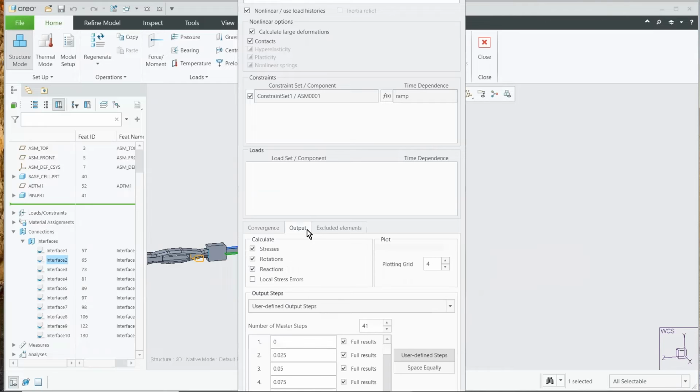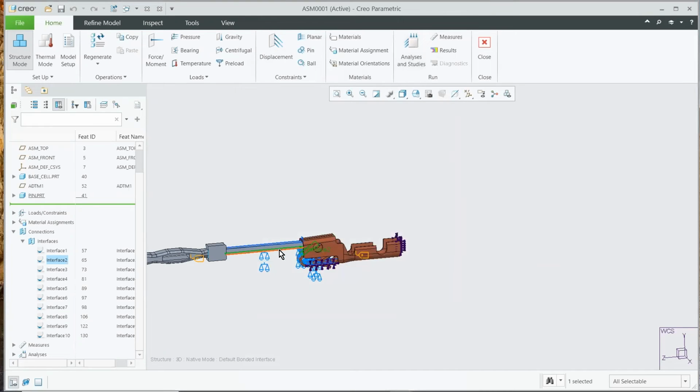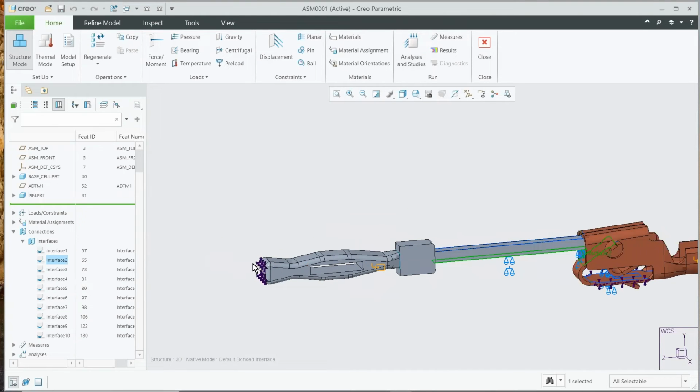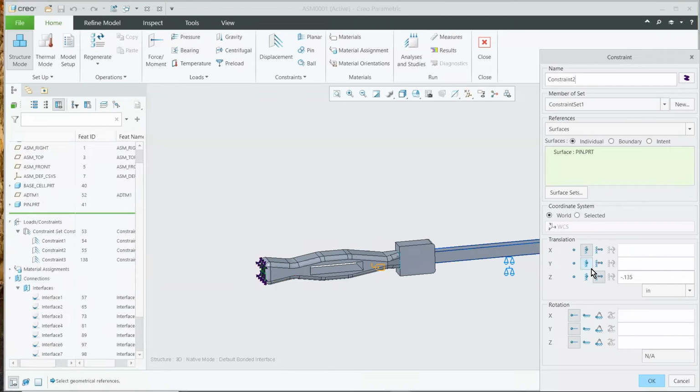So again, under output, I also went in here and said, let's run this, in this example, like 41 times. So what we're going to simulate is this guy. And as you can see, if I pick on this just to review its enforced displacement, we're moving it in 0.135 inches. So that's how far it's being moved in.